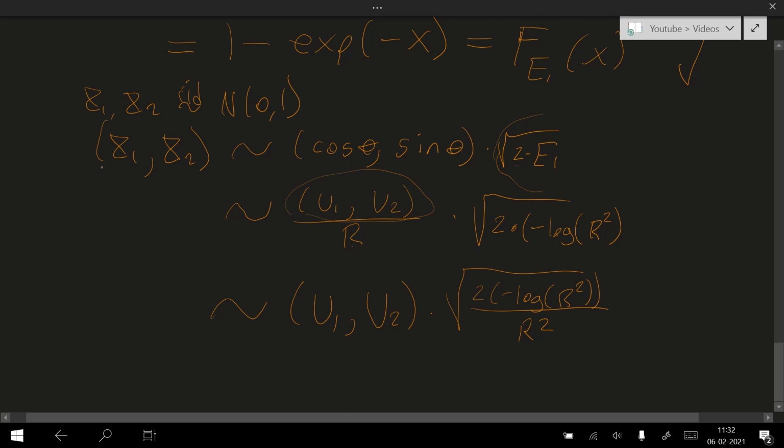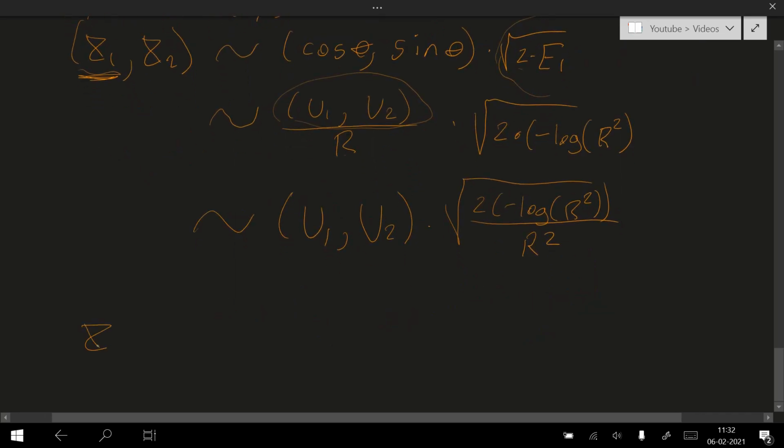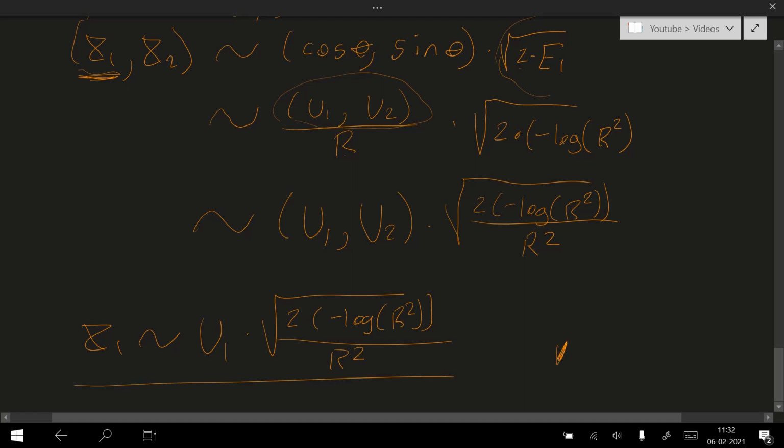Since we only want to simulate one of these, we only take the first coordinate. So x1 has the same distribution as the first coordinate up here, u1 times square root 2 minus logarithm r squared divided by r squared. And this was what we wanted to prove.